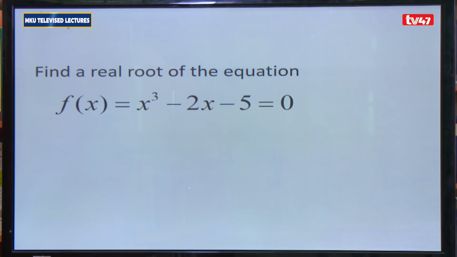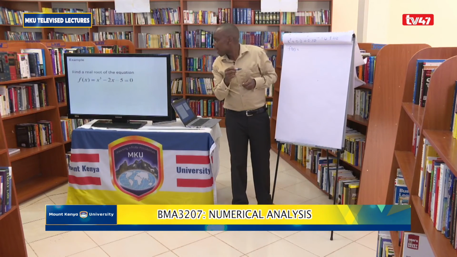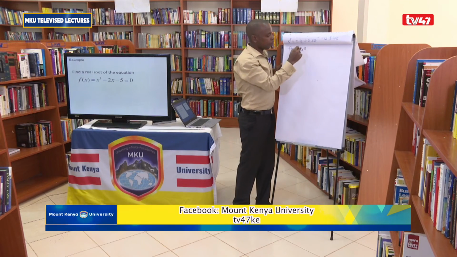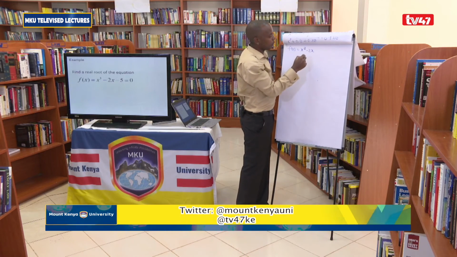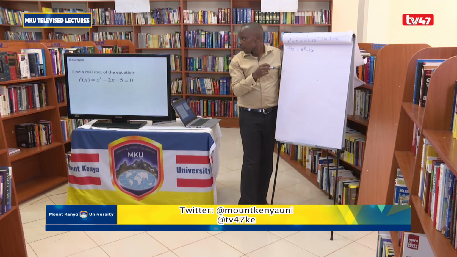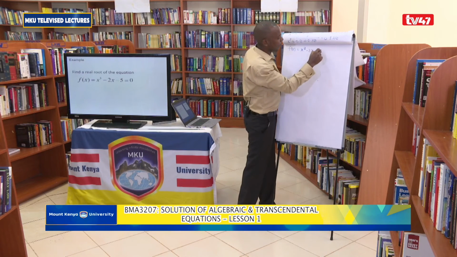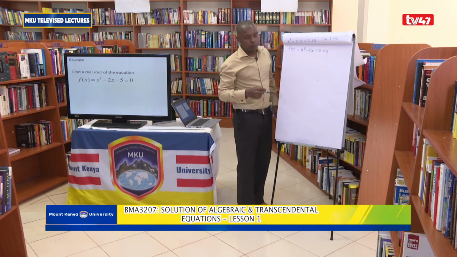I want us to work out an example in this particular case using the regula falsi method. So we have f of x is equal to x cubed minus 2x minus 5, equals 0.